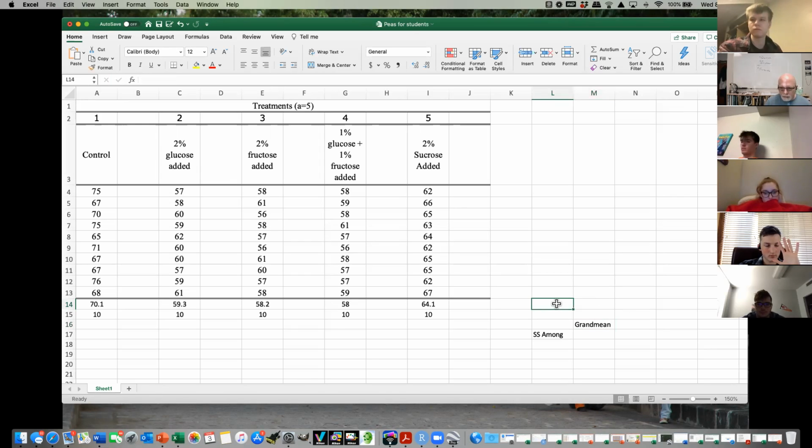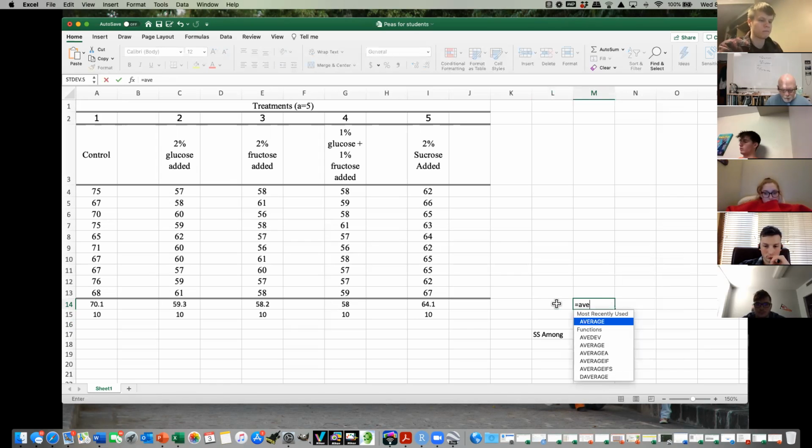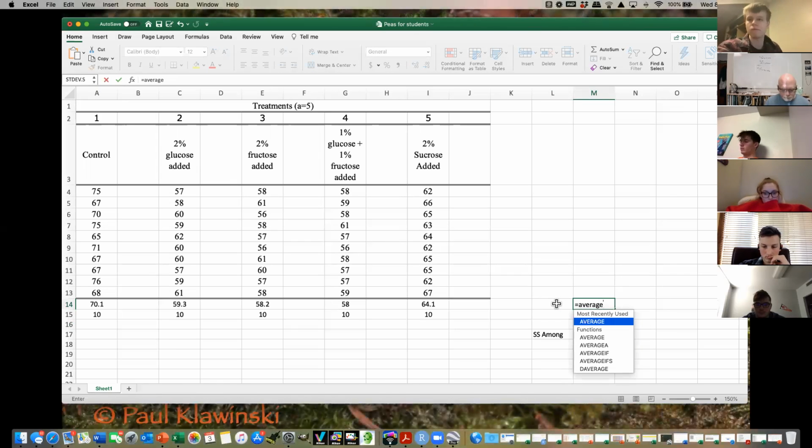We could basically say the grand mean is equal to the average of this, this, this, this, and this.